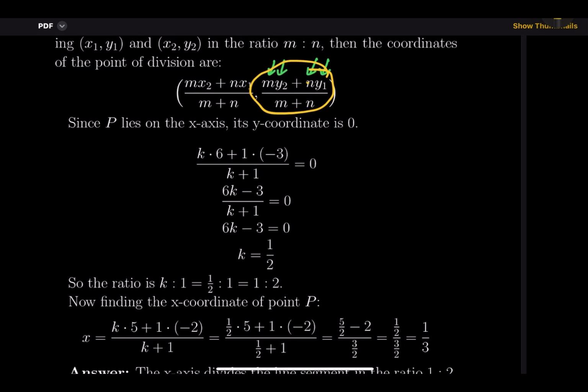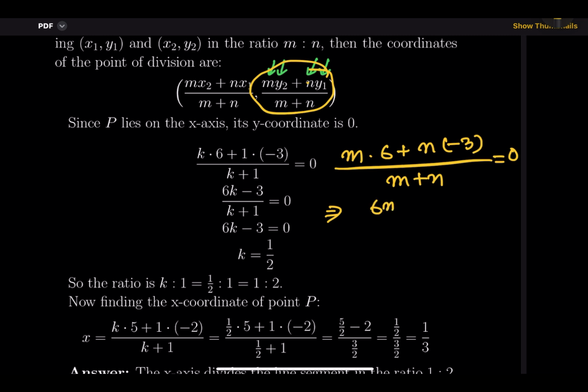Let's try that way. m y2 is 6, plus n y1 is minus 3, divided by m plus n equal to 0. This is another technique. Some teachers used to do it like this: (6m minus 3n) divided by (m plus n) equal to 0.